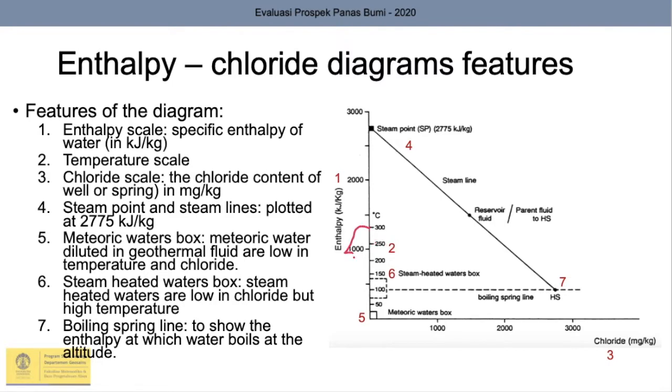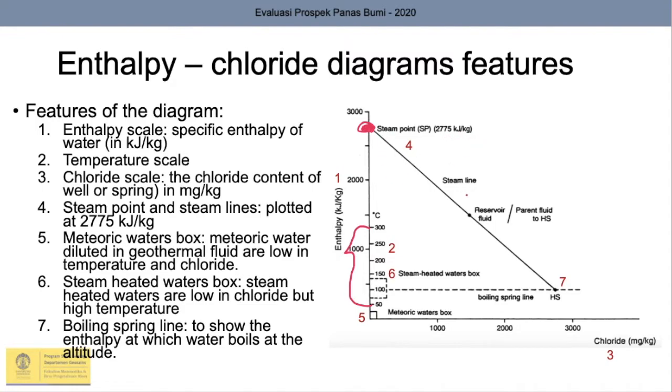It's notated here. For the x axis, we have the chloride concentration represented in ppm. As for the straight line here, it is actually the steam line. Here on this point, we have a steam point, which is the intersection between the enthalpy and the chloride. It is actually standard at 2,700 kilojoules per kilogram.